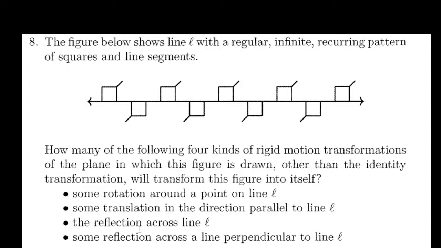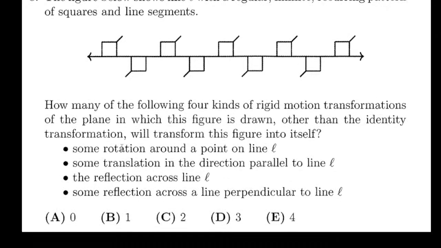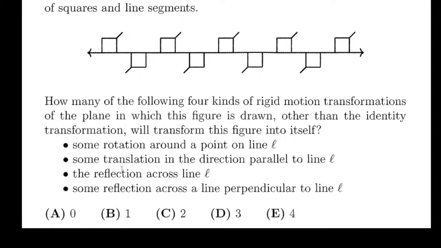Have you understood the question and options? How many of the following four kinds of rigid motion transformations of the plane in which this figure is drawn, other than the identity transformations? Now, some rotation around a point on line L. If I rotate about some point on line L, will I get a similar kind of pattern?